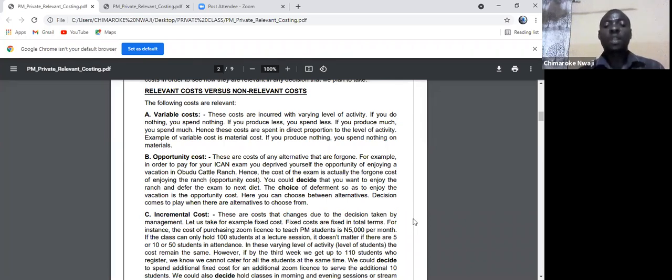So whenever there is an alternative that you can choose, then you have to make decisions between two alternatives. That is relevant cost. So you see, relevant cost comes to play when there are alternatives.